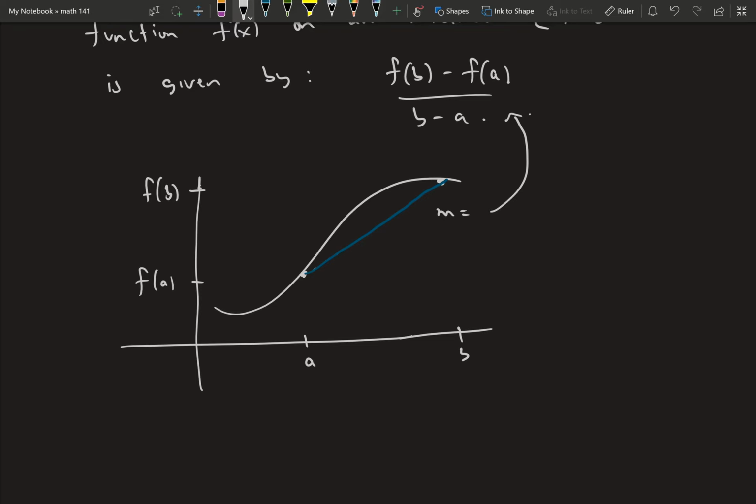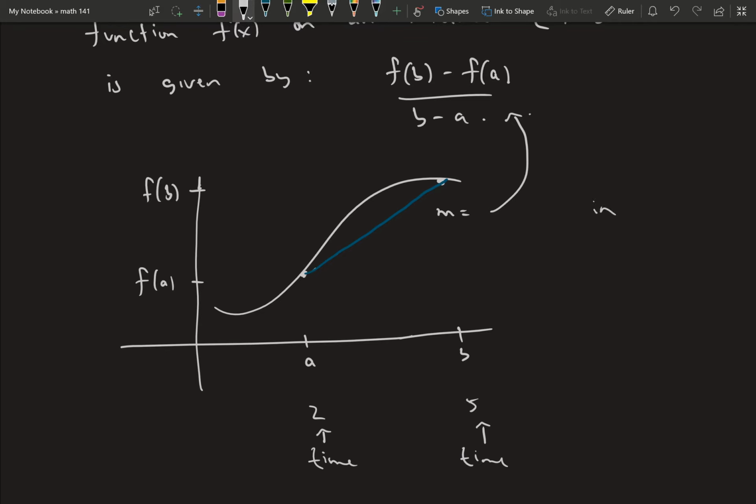And this gives the average rate of change because essentially you can think of it like if I'm traveling in a car, and I started at time, say, 2, and I ended at time, say, 5, how much have I traveled? I've traveled a net distance. So if this is a time function, let's just say it's time.